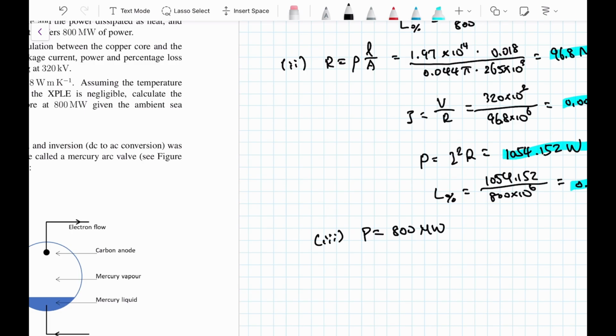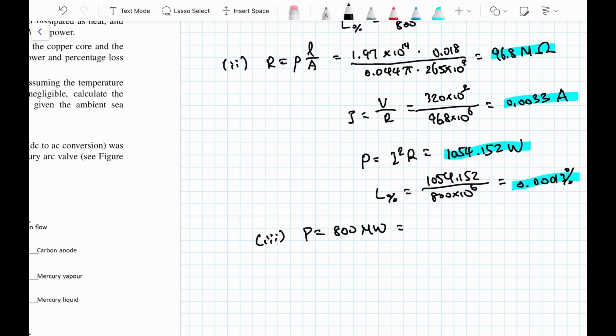And the temperature reaches an equilibrium when this is equal to the rate at which heat is conducted. So that will be k for thermal conductivity, times the area, and then the difference in temperature over the length.